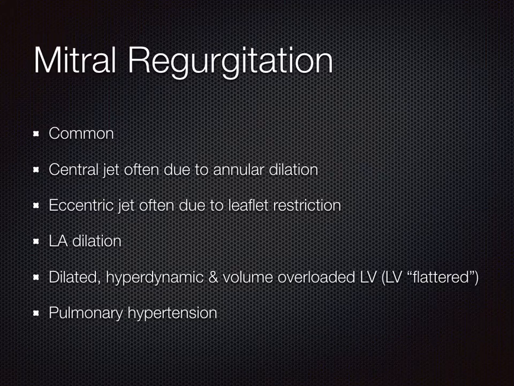So, as we said earlier, you can get left atrium dilatation as a result of this, and a hyperdynamic, overloaded or flattened left ventricle. There may also be pulmonary hypertension due to increased pressure in the left atrium.